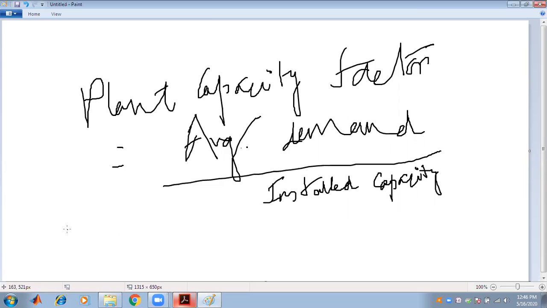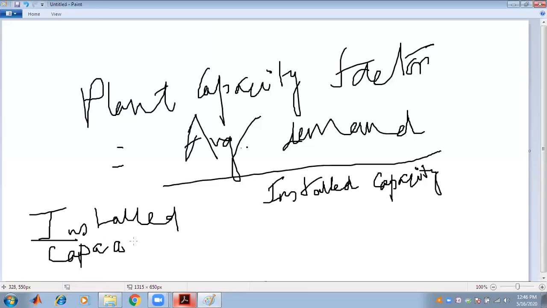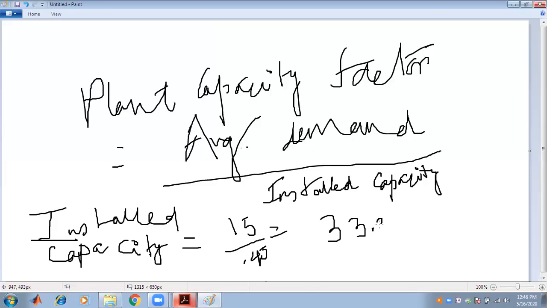So the installed capacity that we have found is the average demand, that is 15, divided by the plant capacity factor 0.45, which is given as 33.33 megawatt.